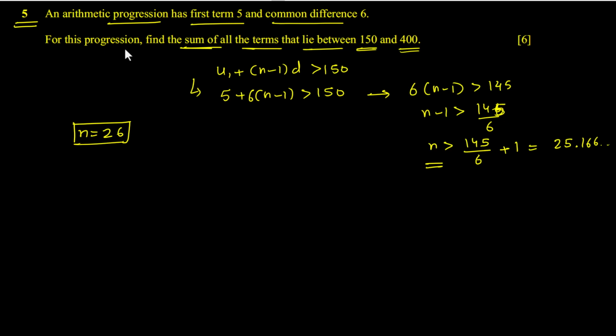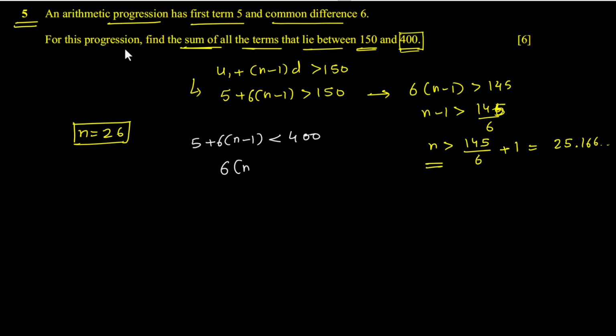Now we'll find the next term, which has to be less than 400. For that I am going to calculate it the same way. It is going to be u1 plus n minus 1, I'll write 5 directly because we know the u1, and then 6, is less than 400.